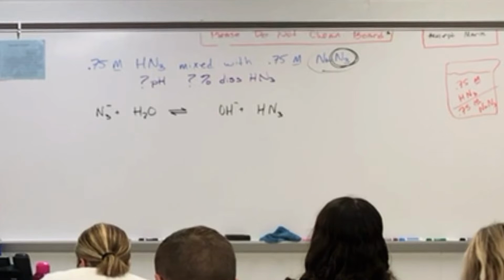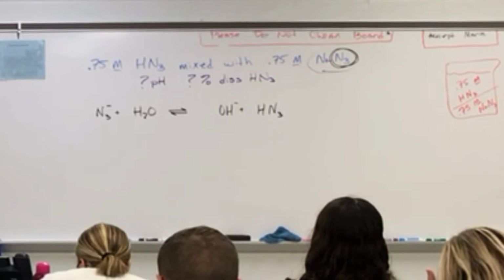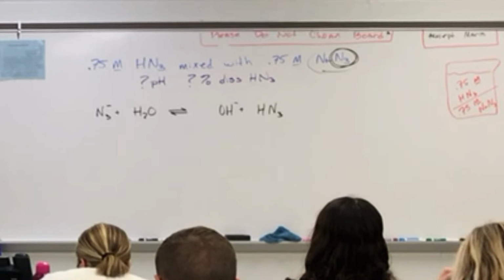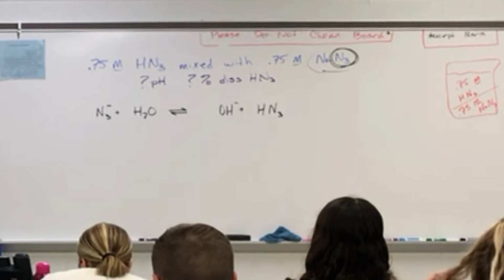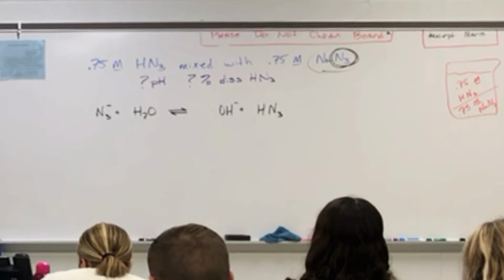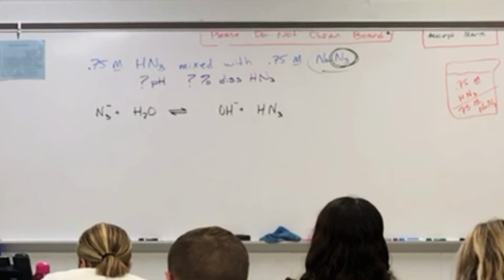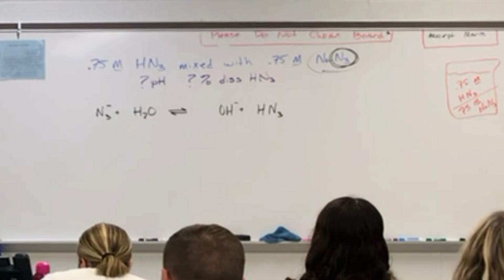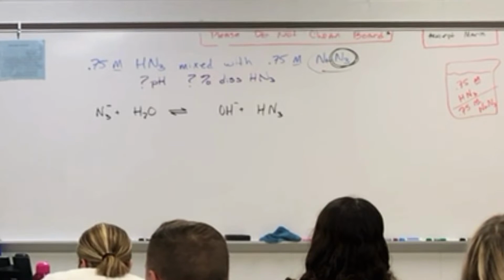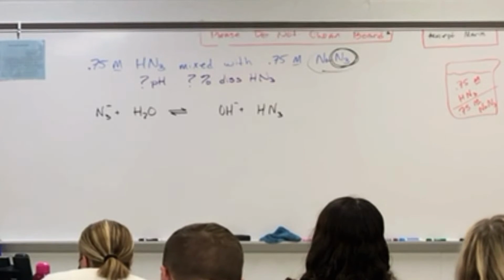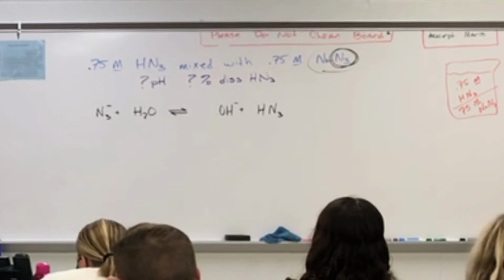Because they're conjugates of each other, we're not going to think of the acid and base as reacting with each other to neutralize. That's why I said it's a valid equation. You do have an acid and a base, they neutralize each other. But when they're conjugates of each other, we don't want to look at it that way. Okay?